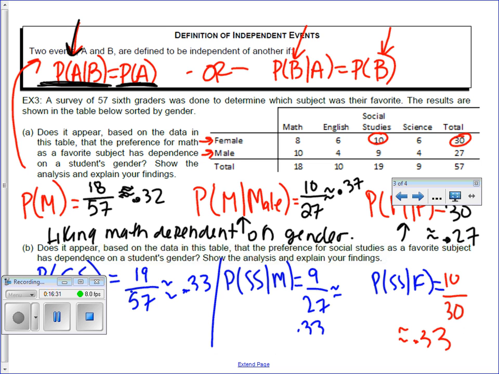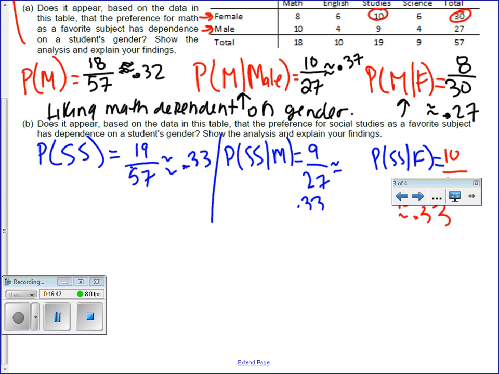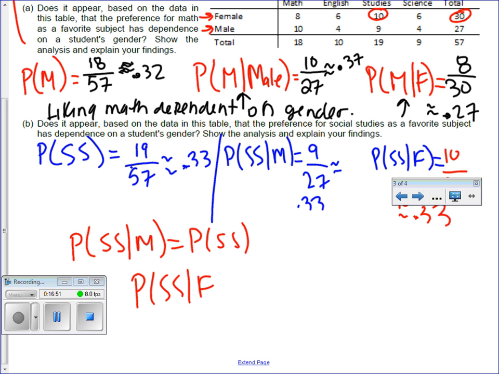So when I just say probability of liking social studies versus social studies given you're a male or social studies given you're a female, none of the probabilities change. So here's an example where probability of social studies given male is equal to the probability of social studies. And probability of social studies given female is equal to the probability of social studies.